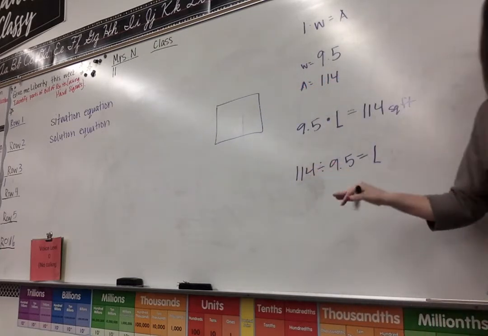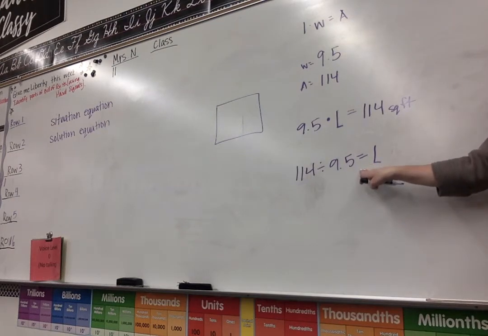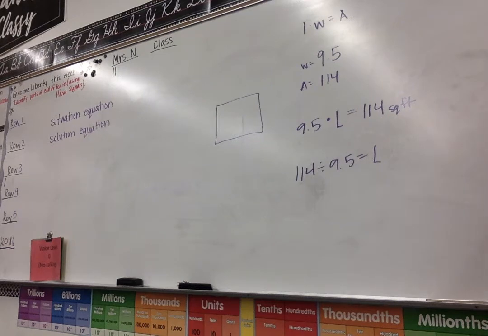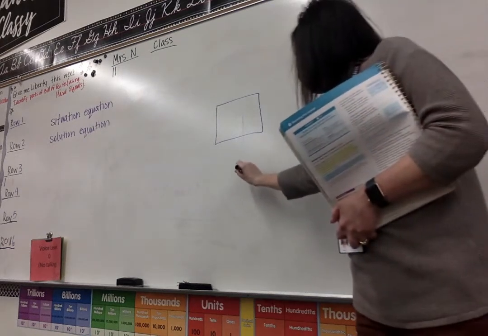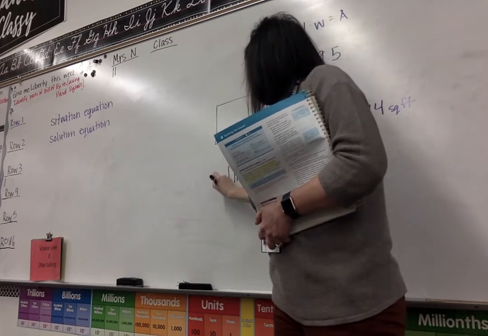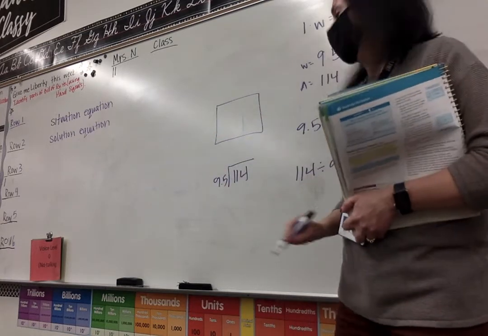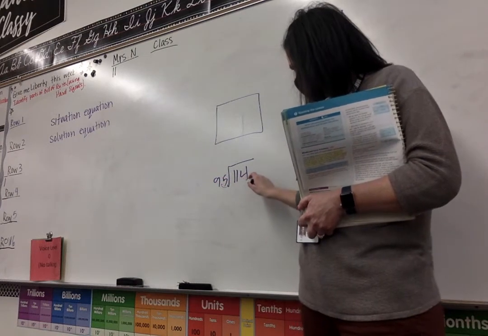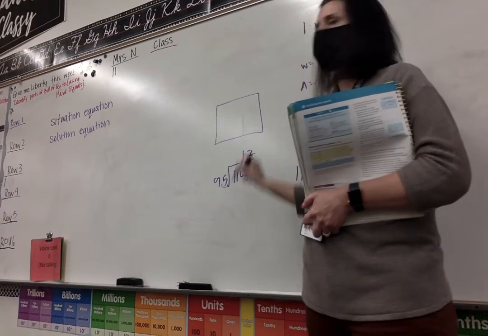You might have set that up a little differently, but I think we're saying the same thing. When we actually do it, we write 114 divided by 9.5, and if you did it right, we would scooch over our decimal and you got 12.